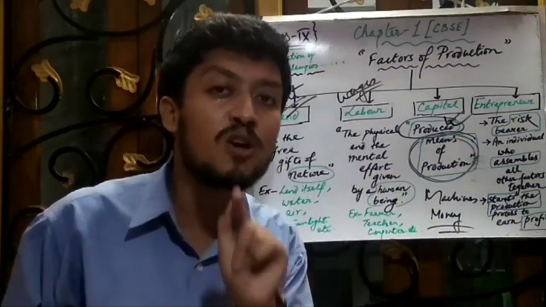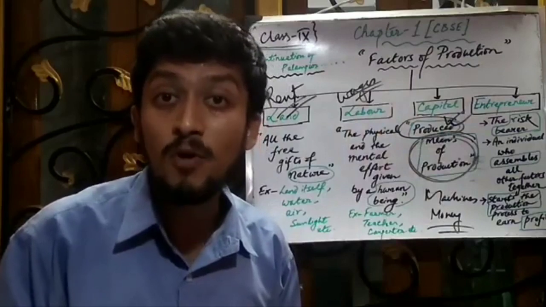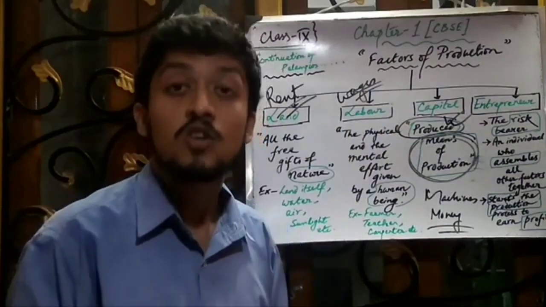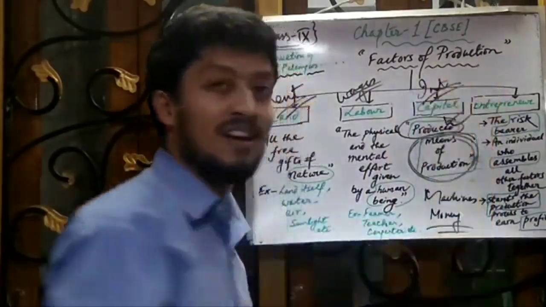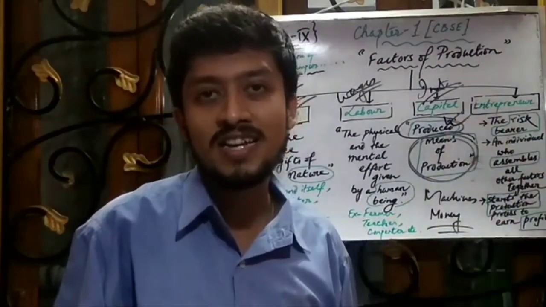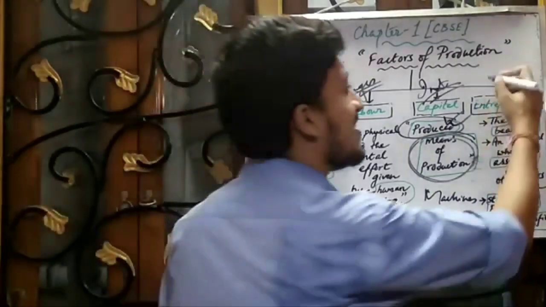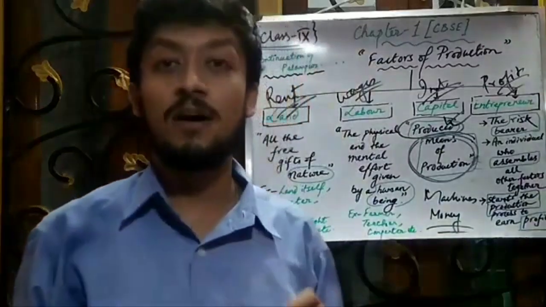If you keep some amount of money in your bank account, the bank promises to give you interest in return. So capital gets interest in return. And the entrepreneur ultimately works in a company to enjoy profit out of the business.